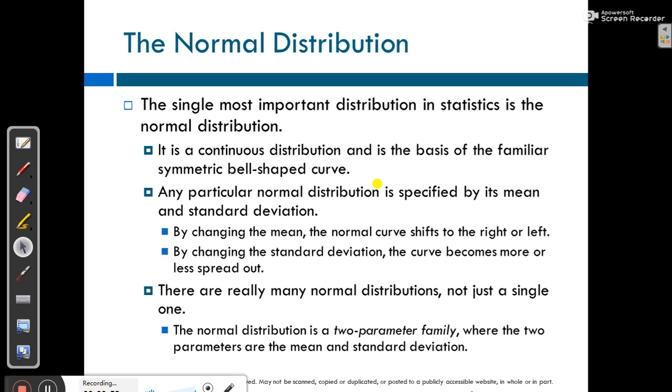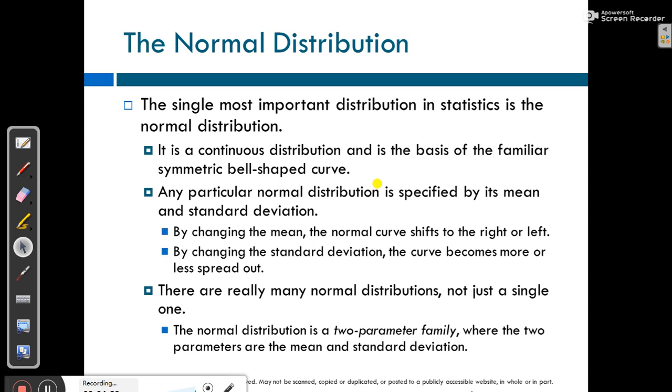The concept revolves around the mean and standard deviation. By changing the mean, the normal curve shifts to the right or left. If we change the mean of the data, then the normal curve shifts to the right or left.